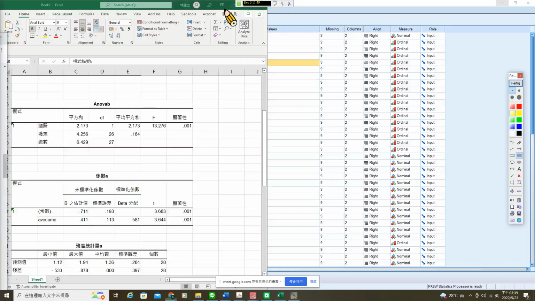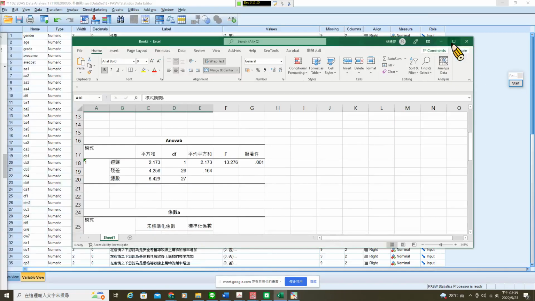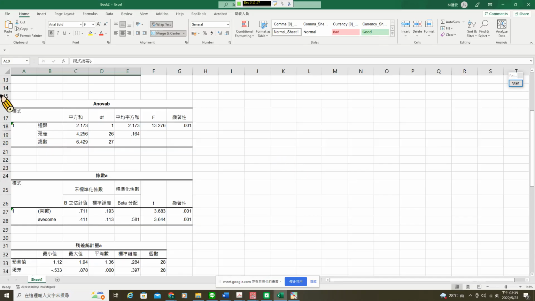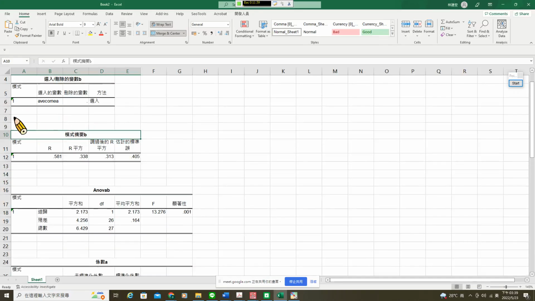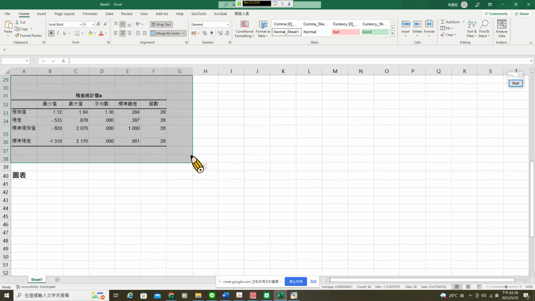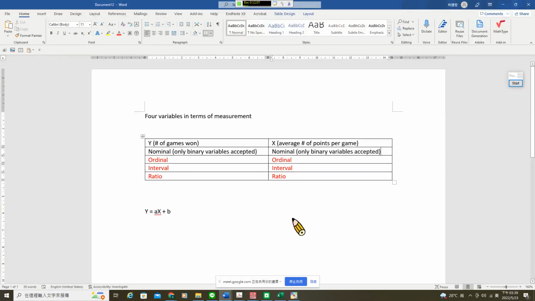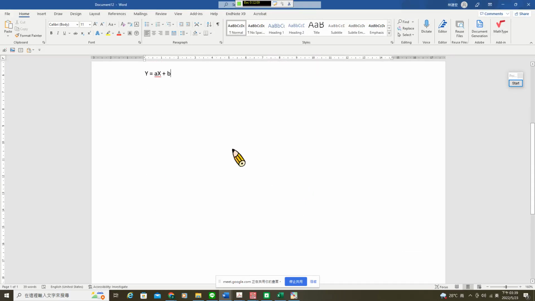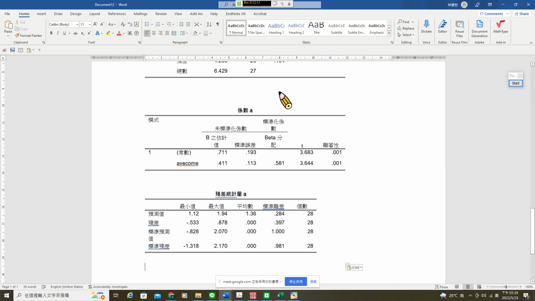Some students, just like you, if you have no idea about how to report the linear regression correctly, will normally just copy this. You will only copy this and paste it on your paper.